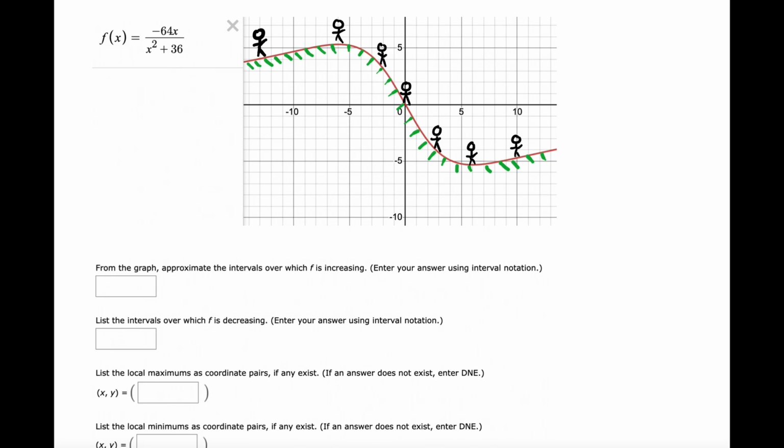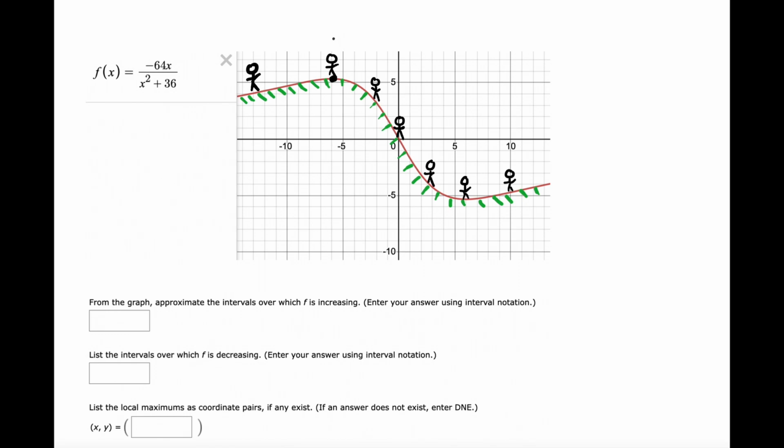So there are places on the curve that could be considered peaks and places that would be considered valleys. The very top of a mountain would be considered a peak, and the lowest point on the curve I would call a valley.